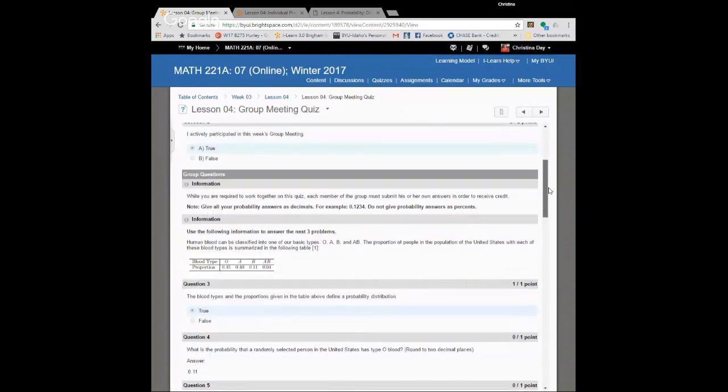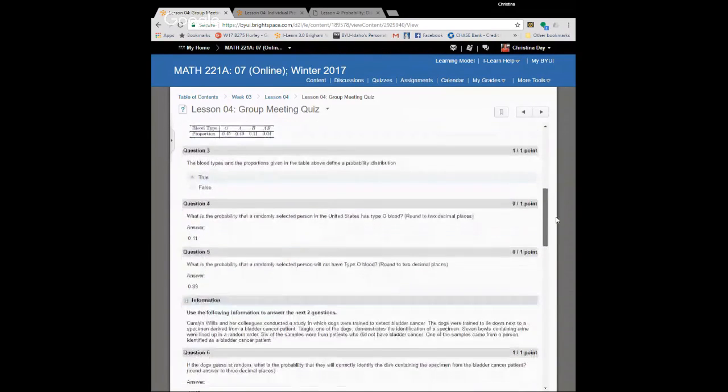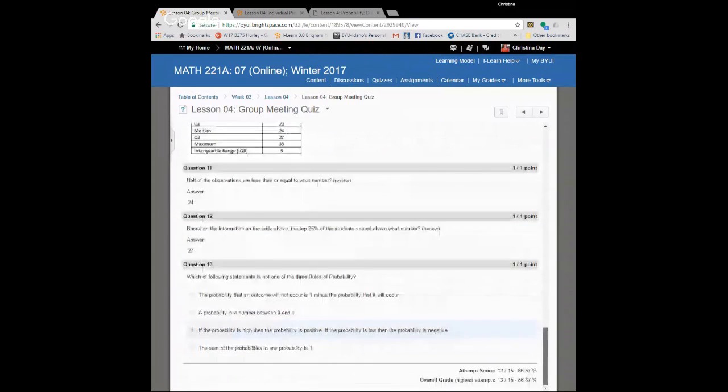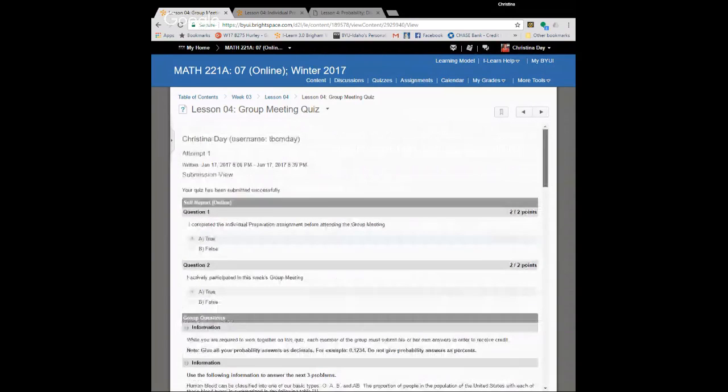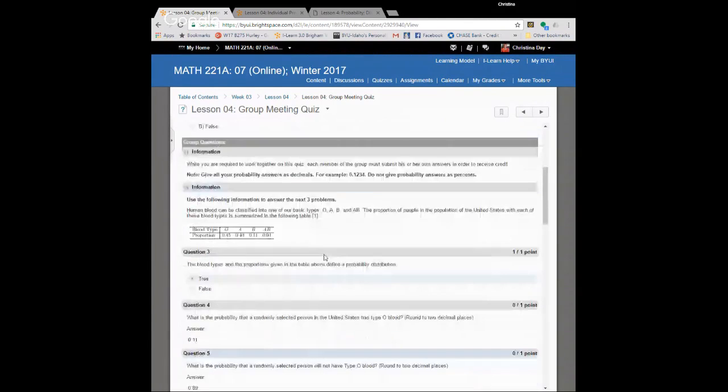And survey says we missed numbers 4 and 5. Let's see. Number 4, what is the probability that a randomly selected person in the United States has O blood? Did we not go back and fix that one? I thought we did. Oh, no. It needs to be 0.45. We didn't go back.